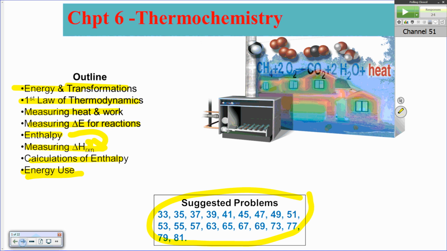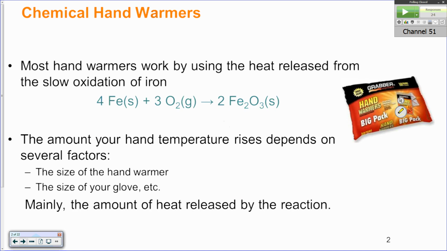So let's start talking about putting a few of these things to work. Here are some types of things where we may see energy on the smaller scale. If you're a hunter, you may have used one of these: a chemical hand warmer. It works by a redox reaction of iron. They basically have iron filings in them.